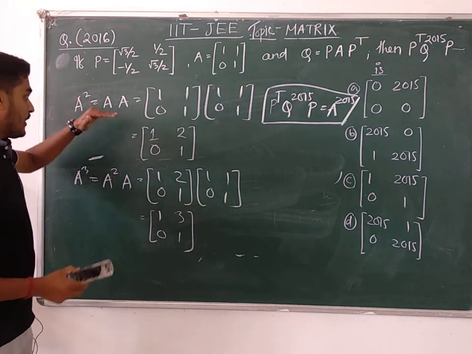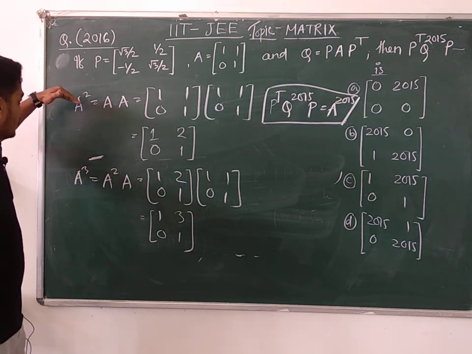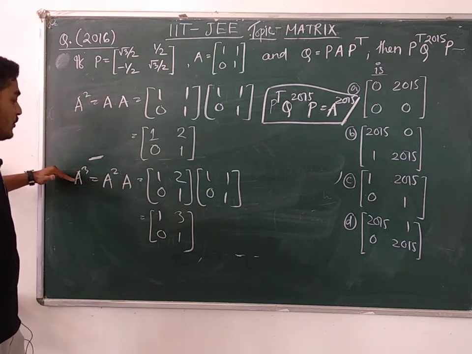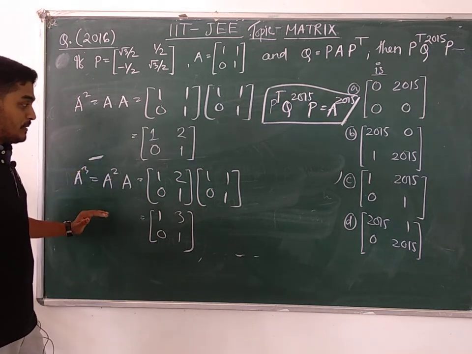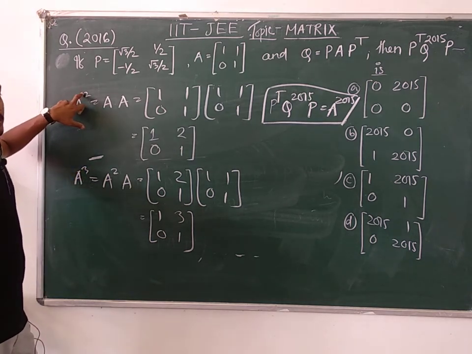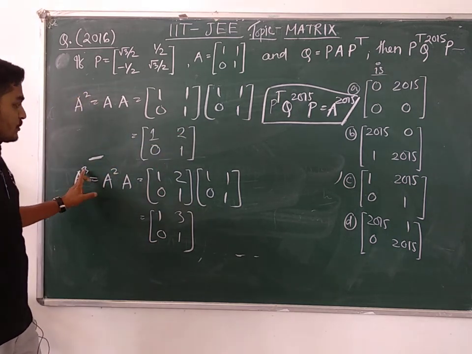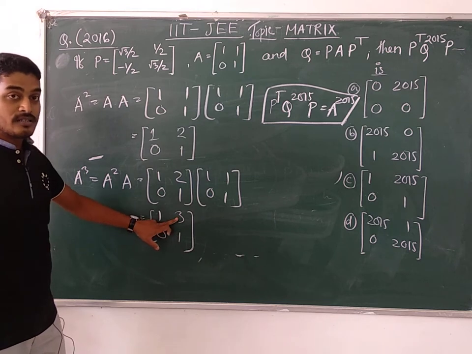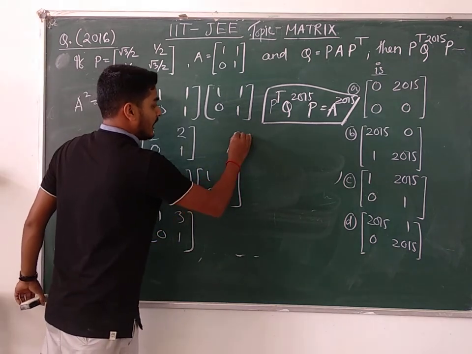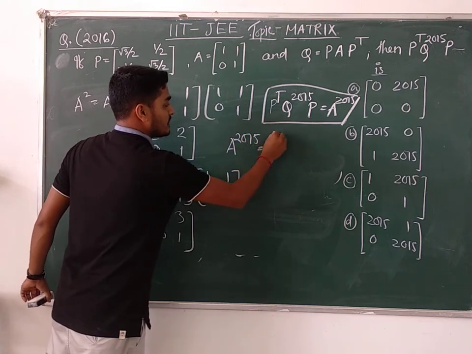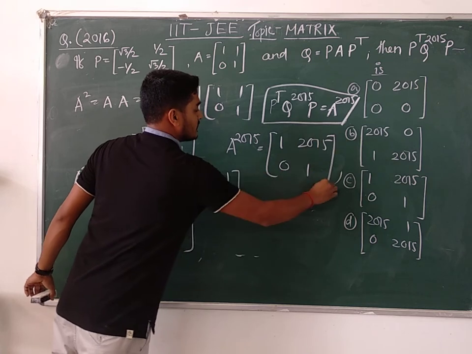If you observe carefully, the matrices A square, A cube and so on convert to a specific pattern depending upon the degree. If the degree is 2, this term is 2. As the degree is 3, this term is 3. Other terms remain the same. That's why we can conclude that A to the power 2015 is nothing but 1 2015 0 1.